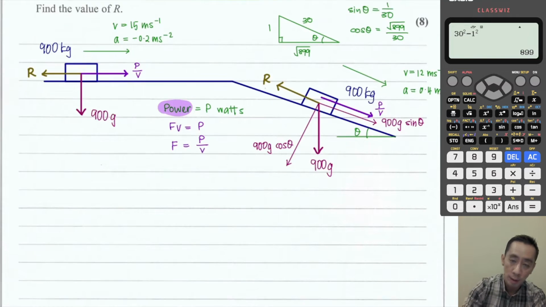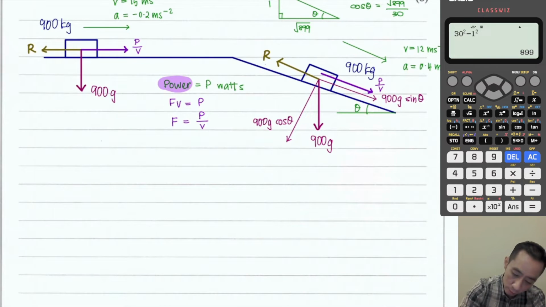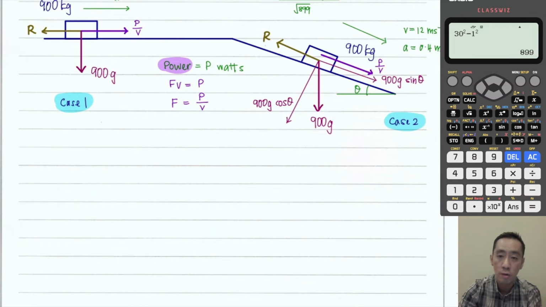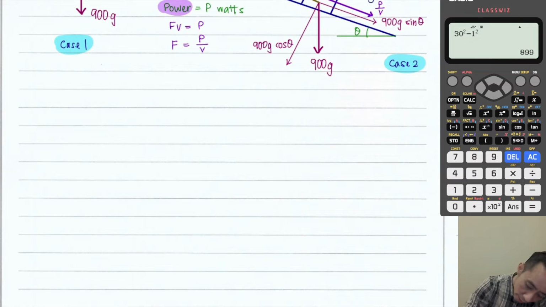Okay, now look at these two positions. I will call this one case 1 and this one case 2. So let's look at case by case, starting with the first case.